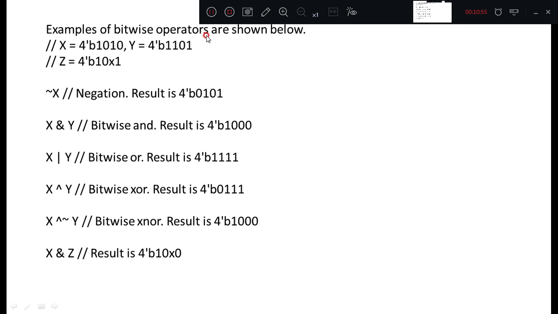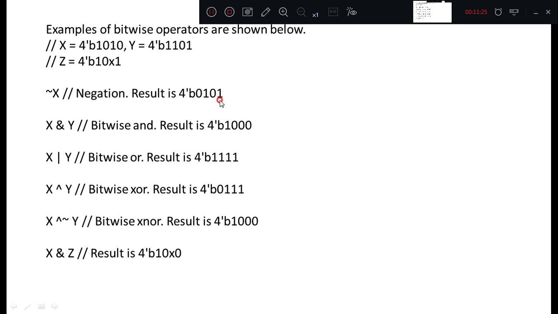Examples of bitwise operators are shown below. X equals 4'b1010, Y equals 4'b1101, Z equals 4'b10x1. Not of x, the negation operator: each bit is considered individually. 1 is made 0, next bit 0 is made 1, complemented, 1, 0, and 0 is changed to 1.